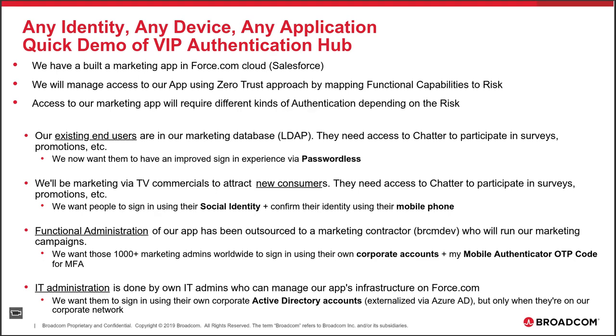We want them to be using their own identity, their own corporate accounts. We want them multi-factor. We want to make sure that it's really them by using our mobile authenticator with the mobile OTP code for multi-factor. Very simple, very straightforward. We don't have to invent yet another identity. They already have one in their corporation, with the contractor. We just want them to be stepped up.